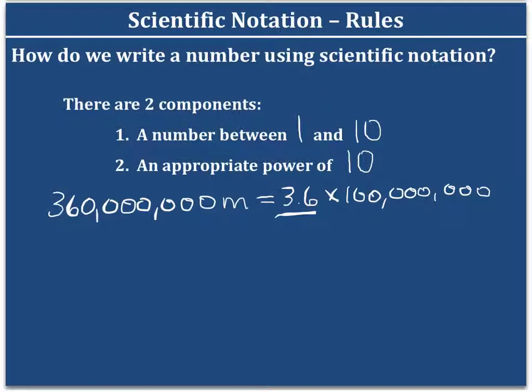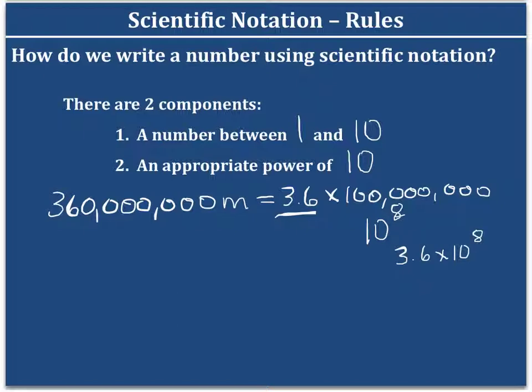So the second component is we need to figure out an appropriate power of 10. So what I mean by that is 10 to the something. So if you multiply 10 times 10 times 10 times 10, what you would figure out is in order to get 100 million, you need to do 10 to the 8th. So there's our second component. So in scientific notation, this number would be 3.6 times 10 to the 8th.